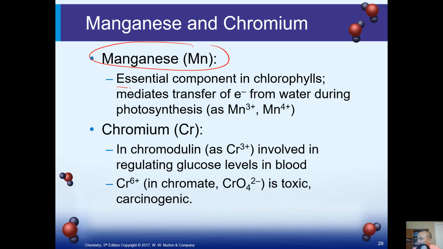Manganese is a very essential component in chlorophylls. It also mediates the transfer of electrons from water during photosynthesis. Chromium is involved in chromodulin for the regulation of glucose levels in the blood.